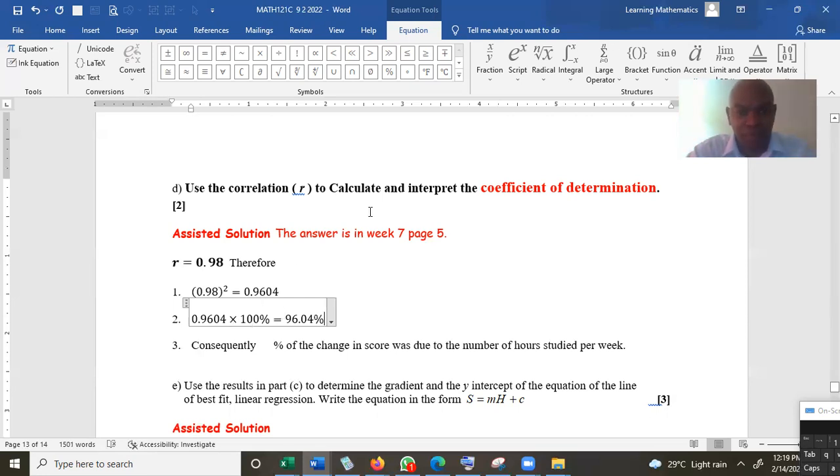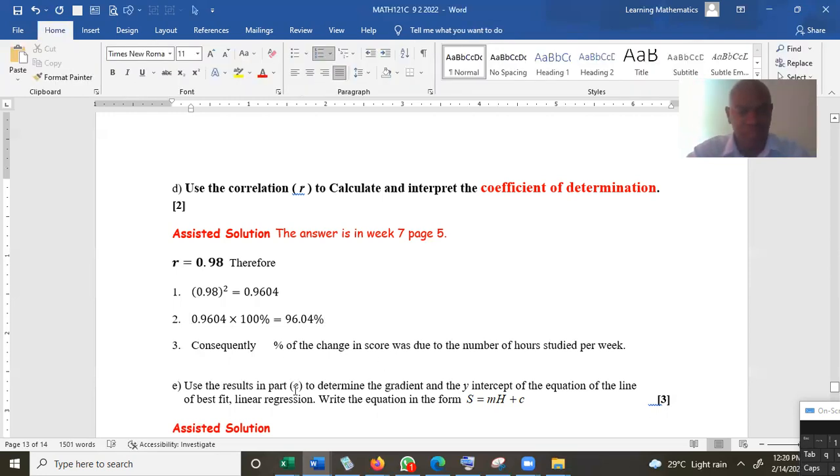And it says to calculate and interpret. So consequently, 96.04% of the change in score was due to the number of hours studied per week.